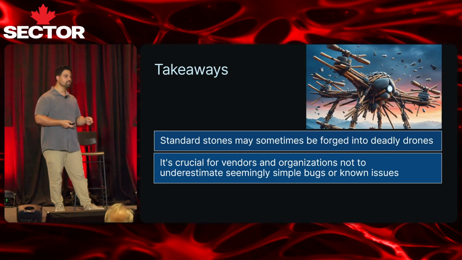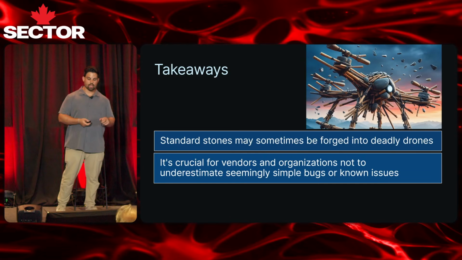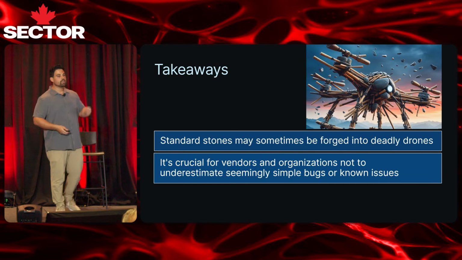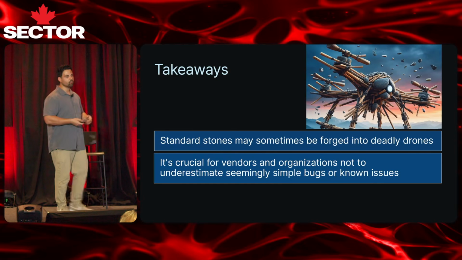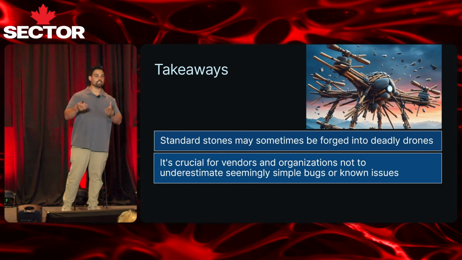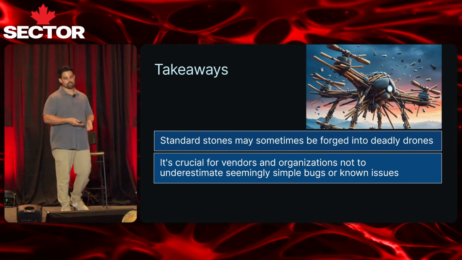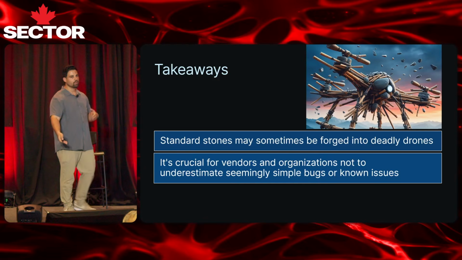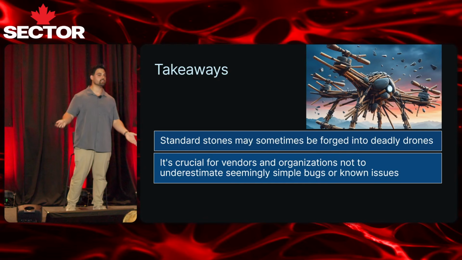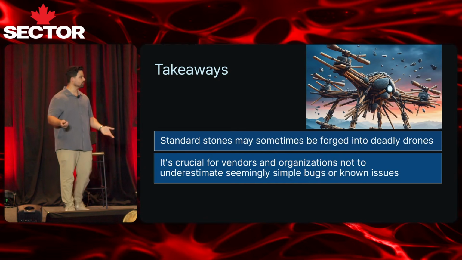But addressing these known issues or minor bugs can sometimes be crucial for mitigating a much larger risk that you might not even be aware of. For example, in our case, if we did not have the denial of service vulnerabilities, then we wouldn't have been able to force a forever-lasting Wi-Fi connection, which would have completely disabled our entire remote code execution chain.